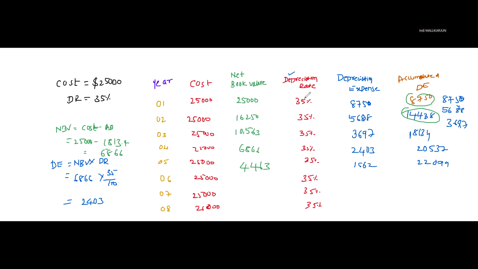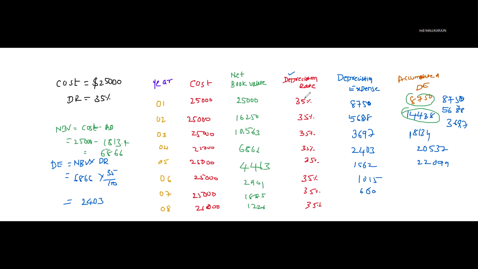Next, for the sixth year, it is 2,901. Next, seventh year, 1885. Eighth year, it is 1226. Like that, here it becomes 1015. This becomes 660.